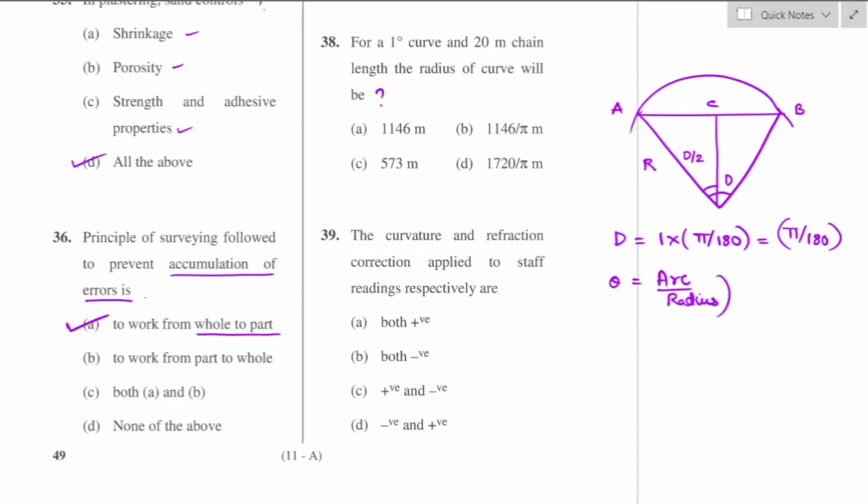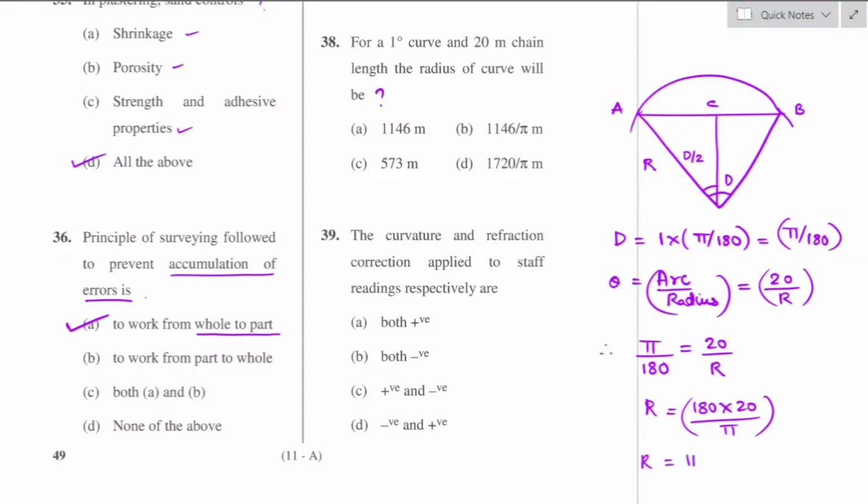Arc length is 20 meters. So pi by 180 is equal to 20 by r. So radius of the curve is equal to 180 into 20 divided by pi, which is equal to 1146 meters. So the right answer is option A.